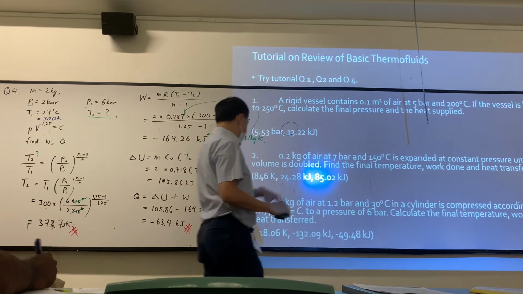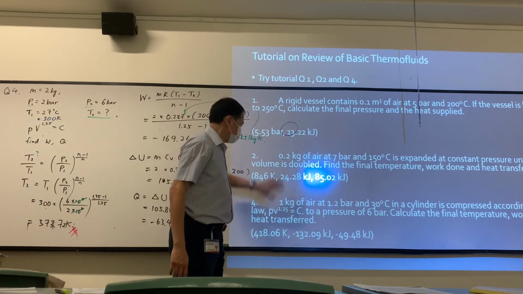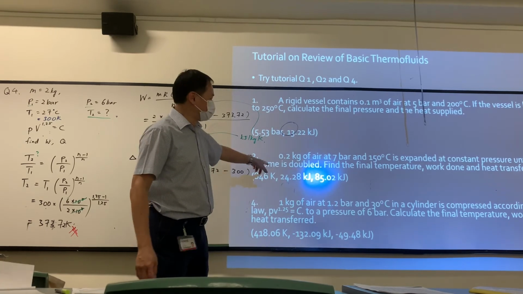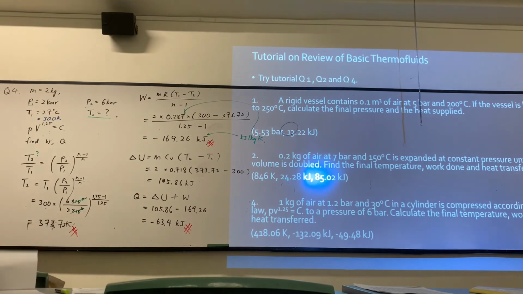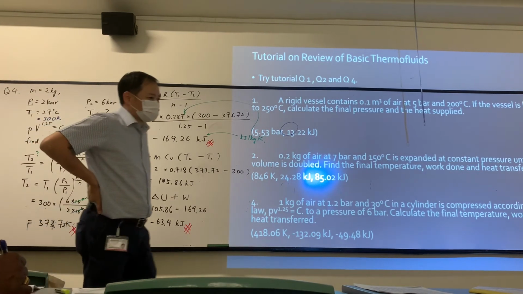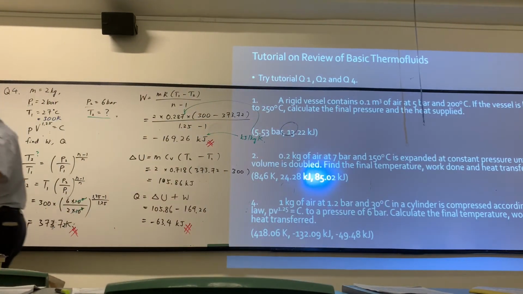I give you 30 minutes, not too long, because this one you already have and this one is new. Later I will do the second part, the steam question. Half an hour, then we continue on the steam portion.